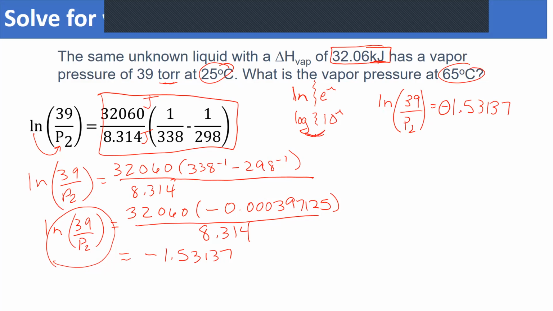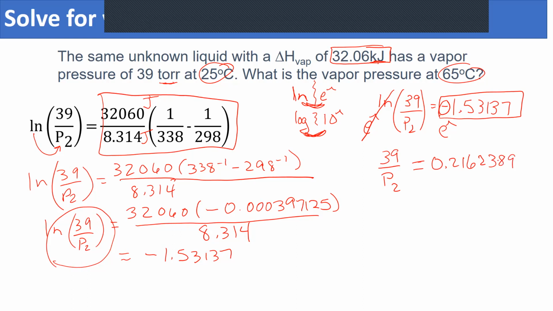These are the inverses for each function. So for natural log, you do E to both sides. That will get rid of the natural log and leave you with 39 over P2. Then you have to enter this calculation on your calculator. E to the negative 1.53137 is 0.216239.